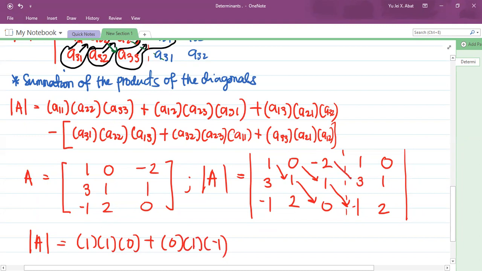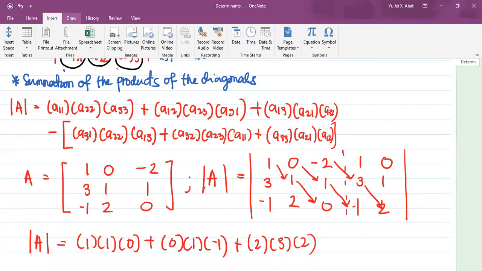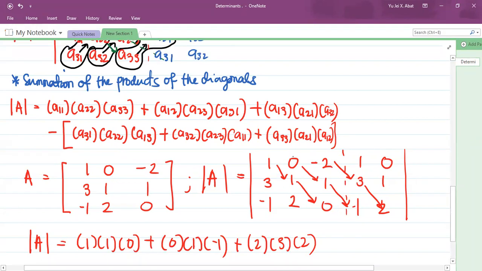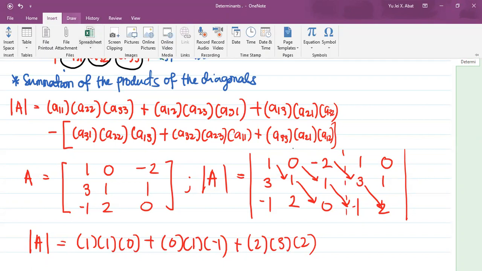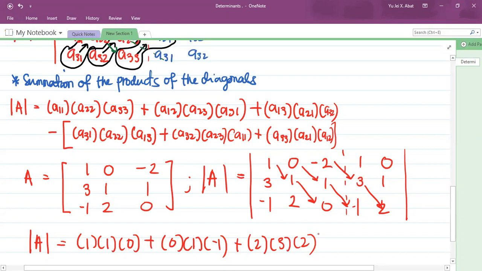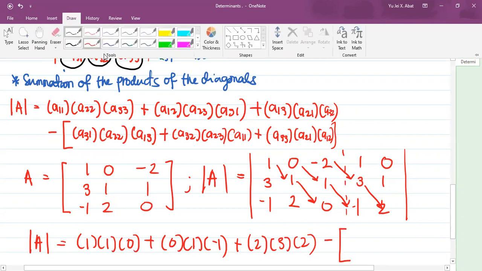And then 2 times 3 times 2. Okay. Plus 2 times 3 times 2. Okay. Going the other side of the diagonal, pakabilang side naman tayo, no? So magkakaroon tayo ng minus. So ma-minus natin ito.